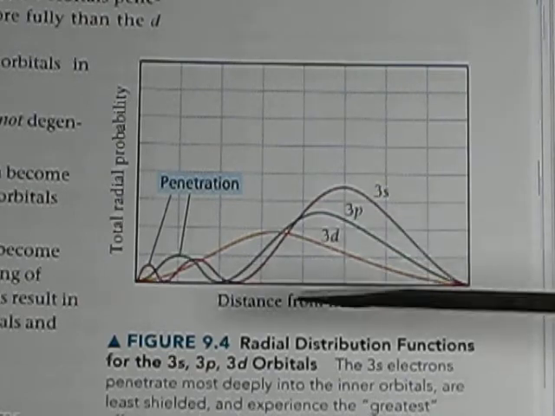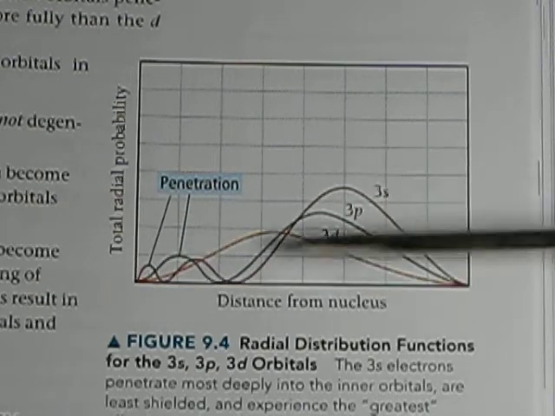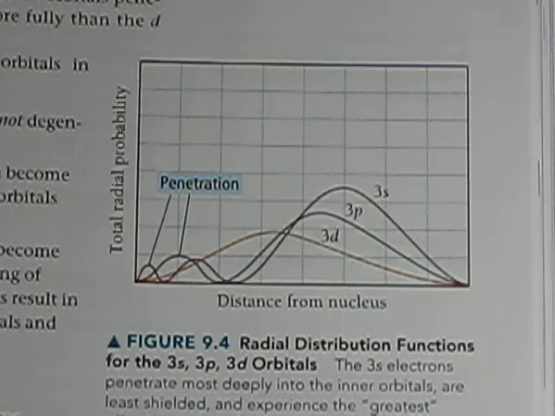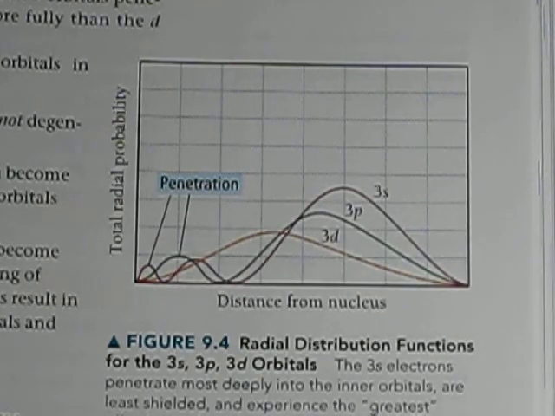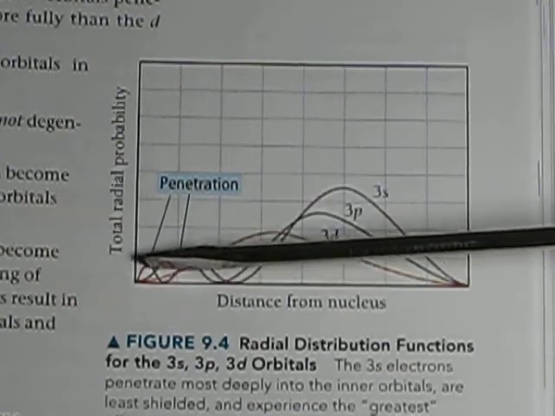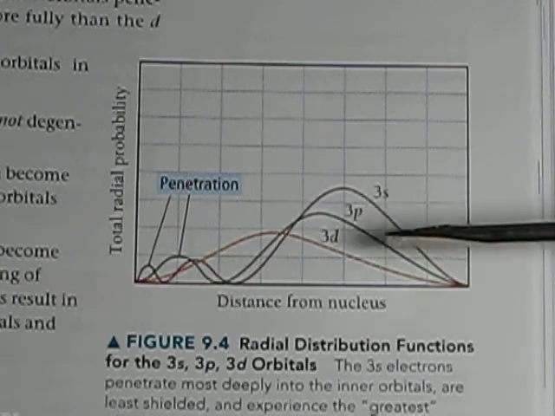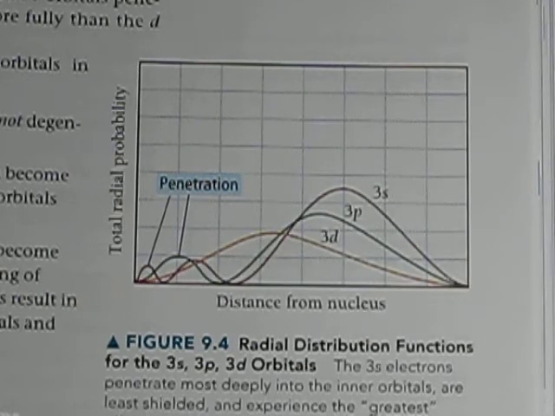Because we have higher electron density here due to the 3s orbital, electrons in the 3s orbital can be a little bit more attracted to the nucleus because they can get closer to the nucleus due to this penetration. Not only that, because the 3s electrons are here, they shield the 3p and the 3d electrons from feeling as much nuclear charge.